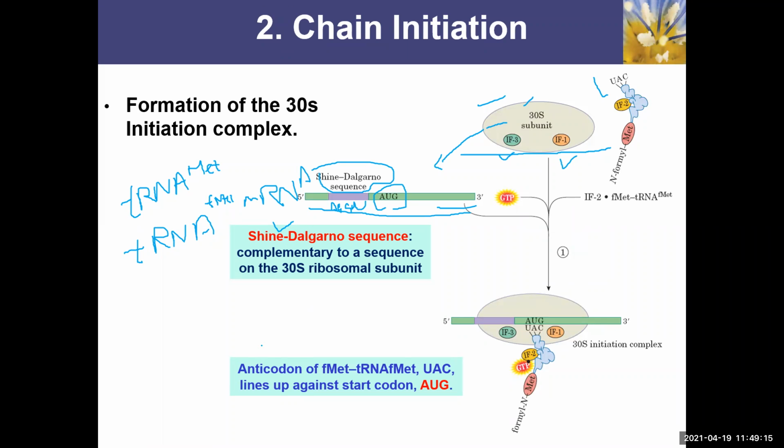Okay, so what do we have here? We have the smaller subunit, the mRNA, and the tRNA with the charged amino acid. And what is lagging here?